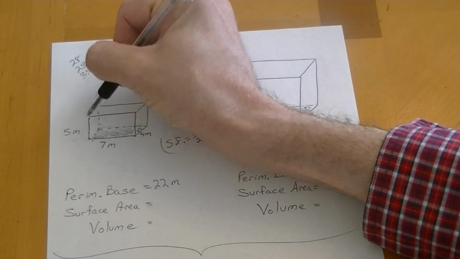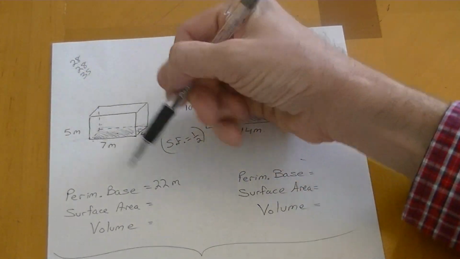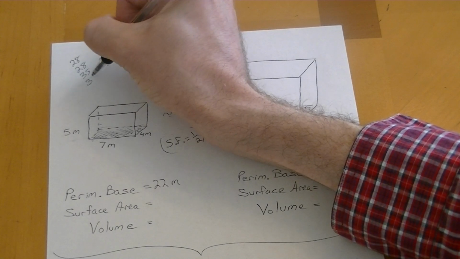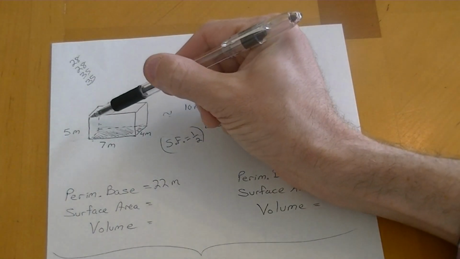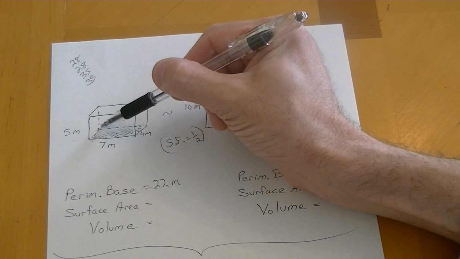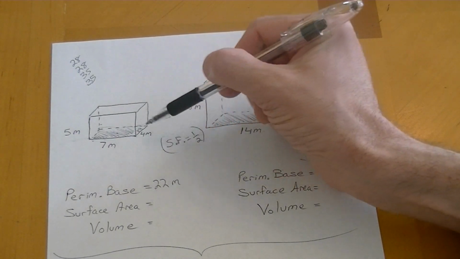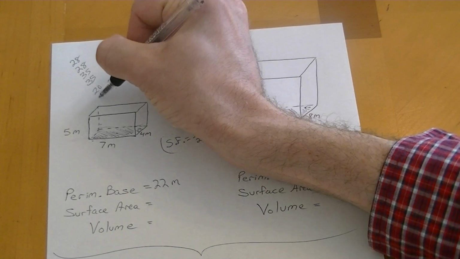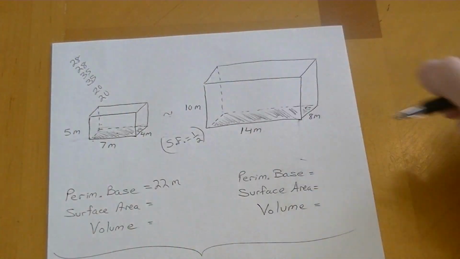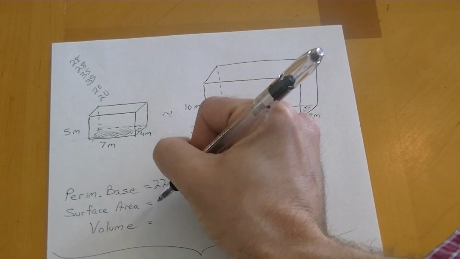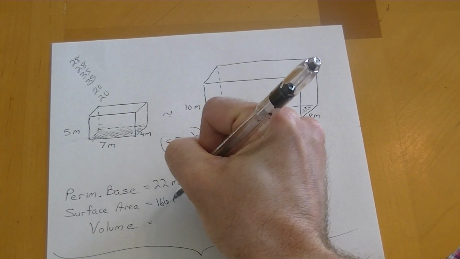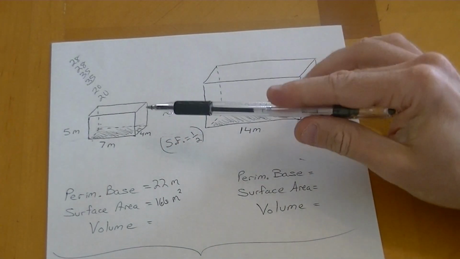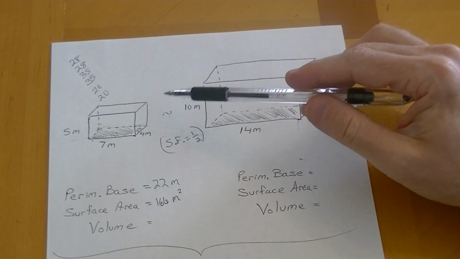The front was 5 by 7, 35. And the back is 5 by 7, 35. The surface on the left is a 5 by 4, 20, and the surface on the right is 20. So if we add those up, we get 166 meters squared.